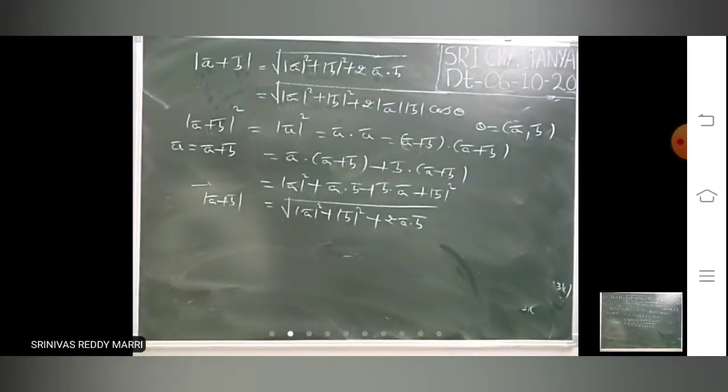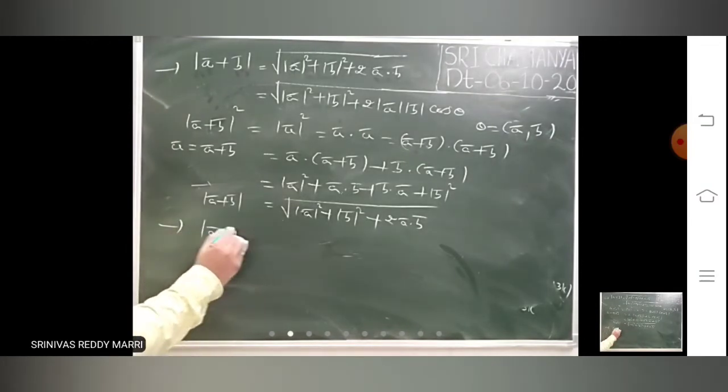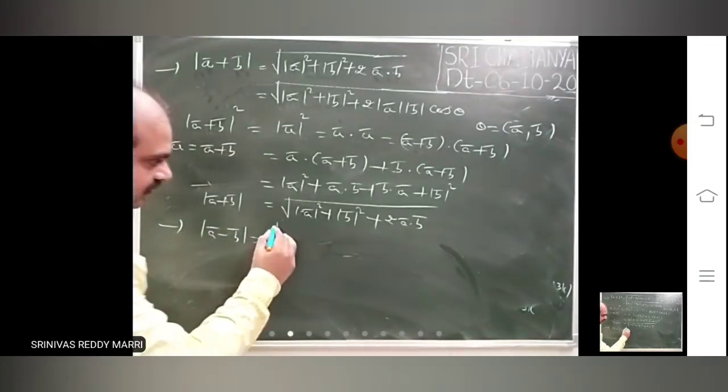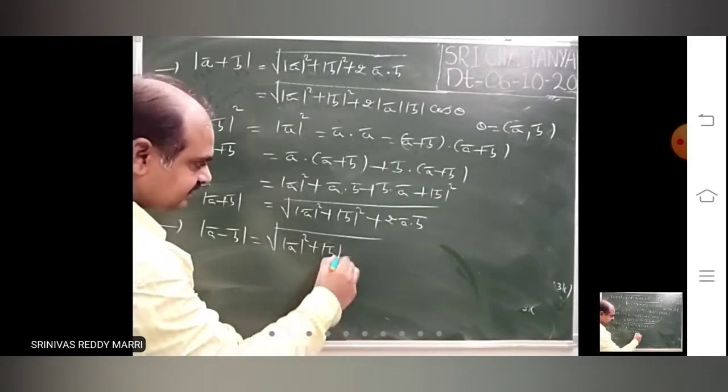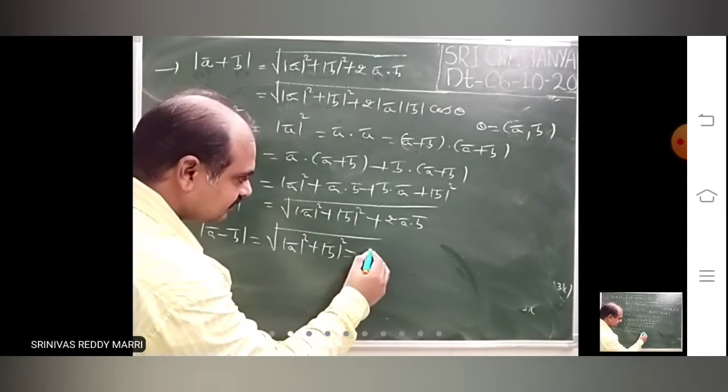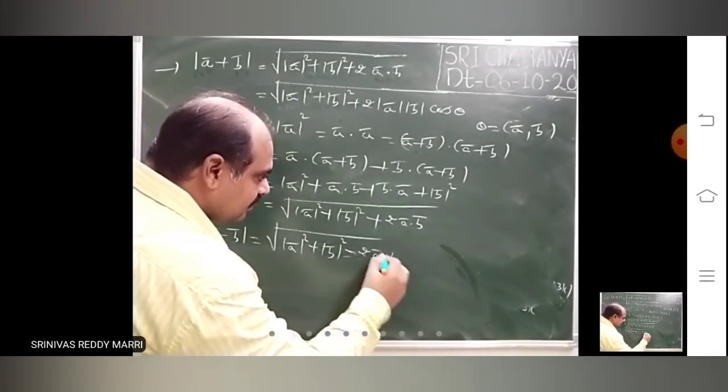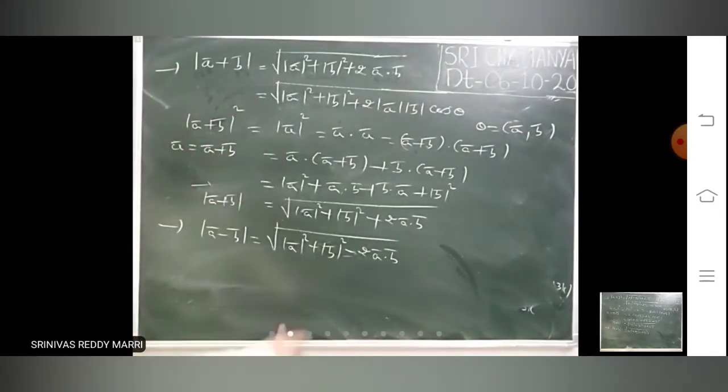So look at this. Modulus of a bar plus b bar formula is this. Very important formula. So root of modulus a bar square, and similarly you will get the formula for just minus.